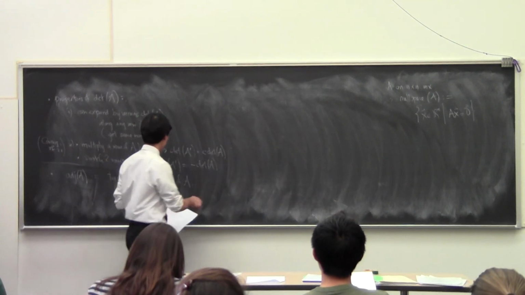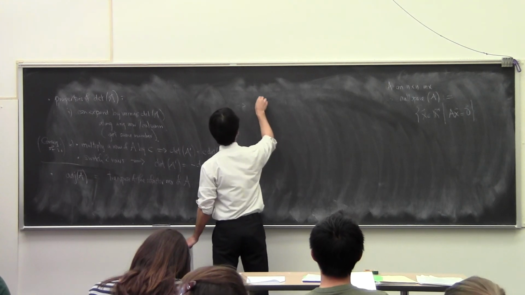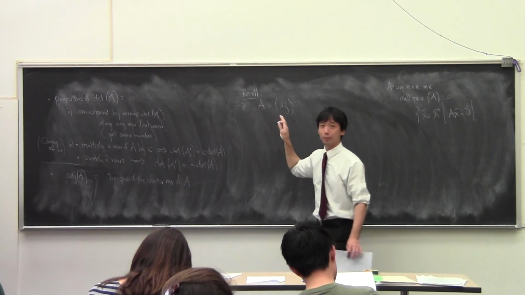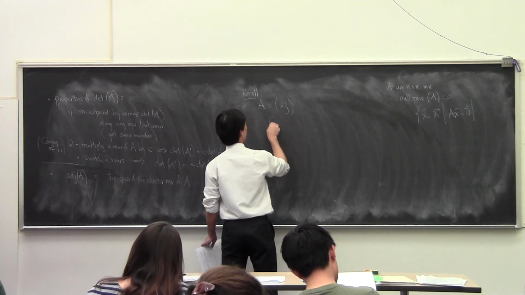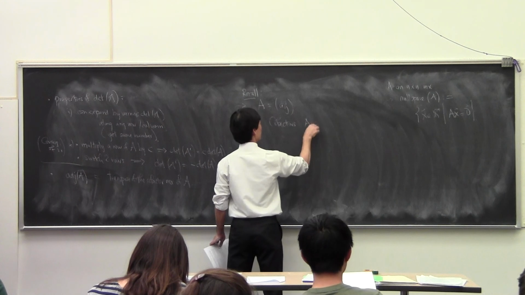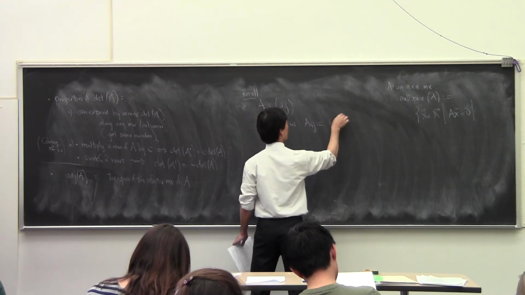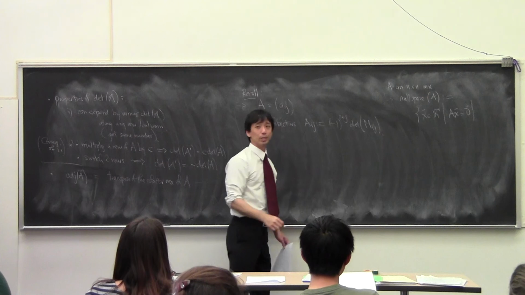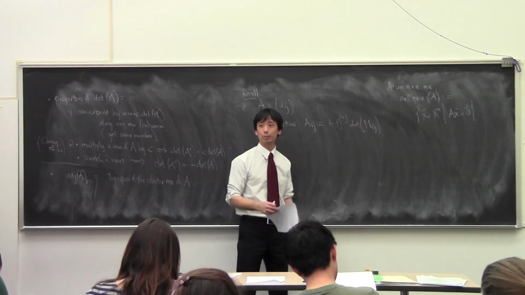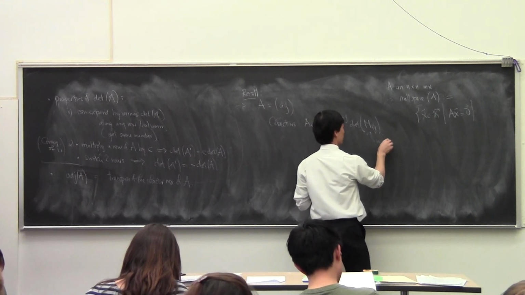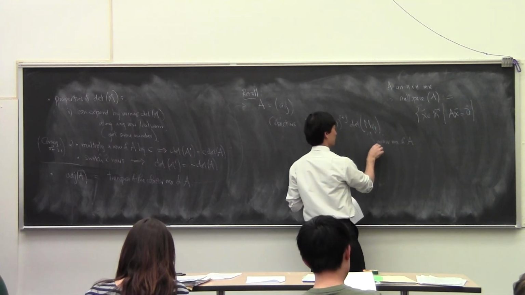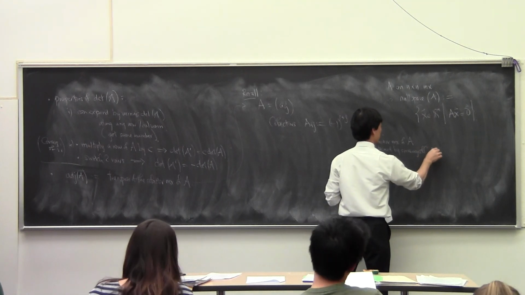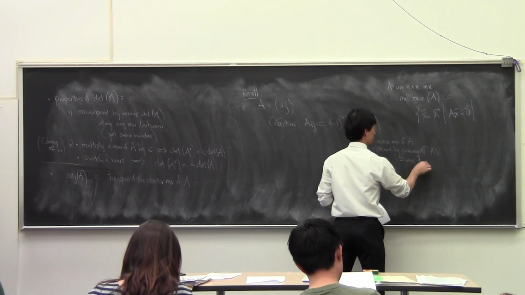Just to remind you, you have a matrix A, and you define cofactors A sub ij as (-1) to the i plus j times the determinant of the minor matrix of A obtained by crossing off A's ith row and jth column.